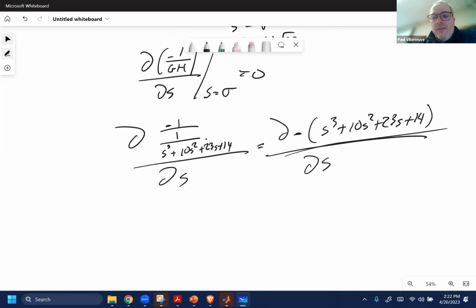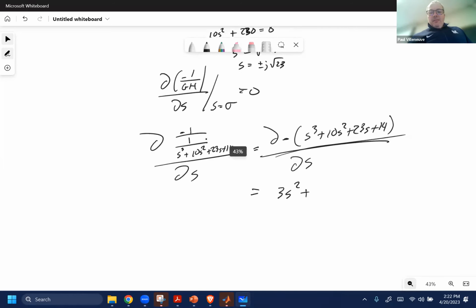So that is 3s squared plus 20s plus 23. The negative is up front here. Set that equal to 0. The negative term goes away, so you just have to do root solving for that.